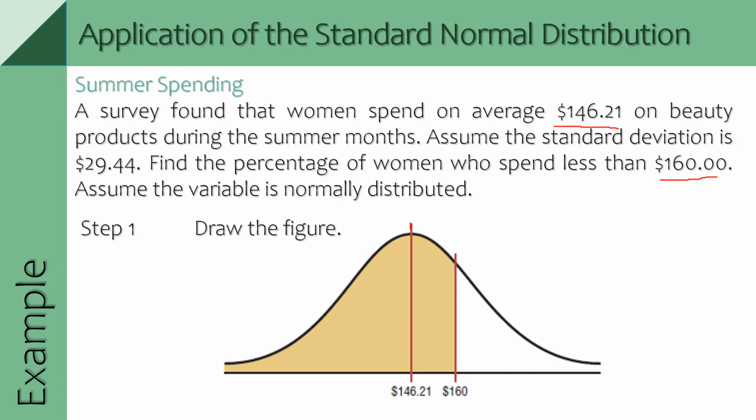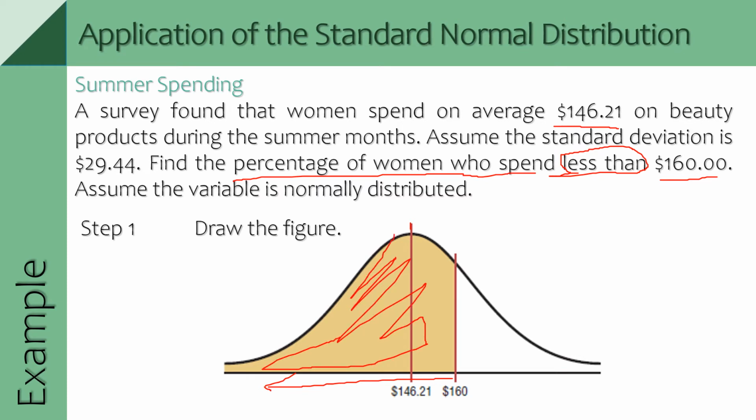Again, we are asked to find the percentage of women who spend less than 160, meaning the left side of 160, which is why the shaded region is on the left side of 160.